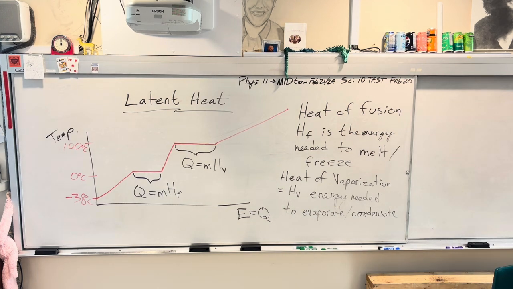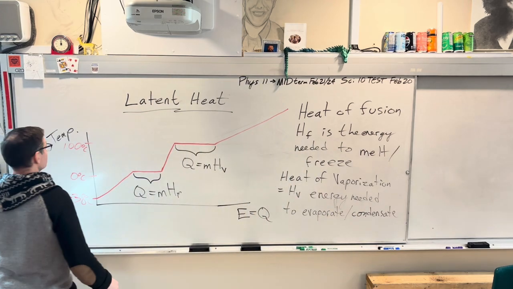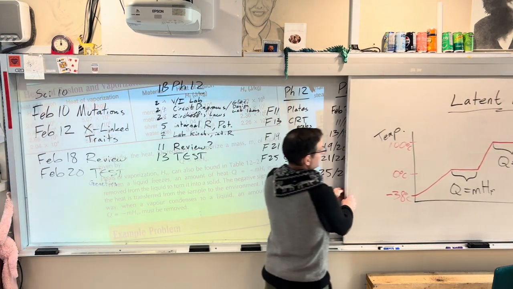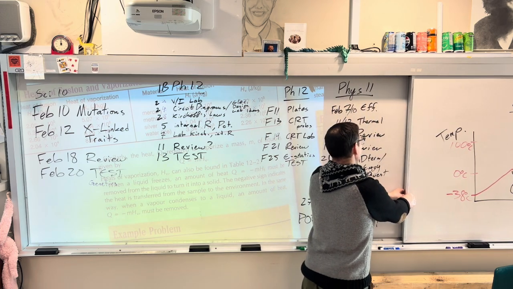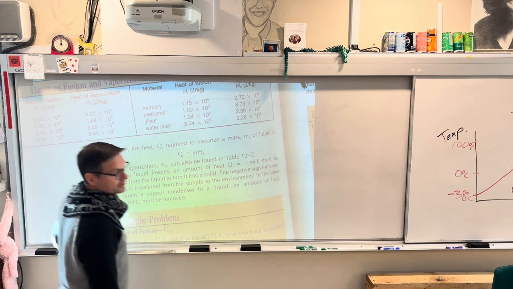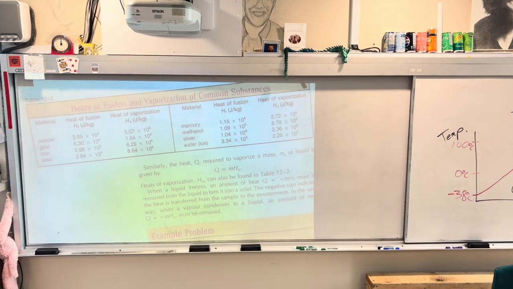I'll put it on the board right now, just in case you are curious. So that's really all there is to know about latent heat. And here's the values. You don't have to memorize them or anything like that.